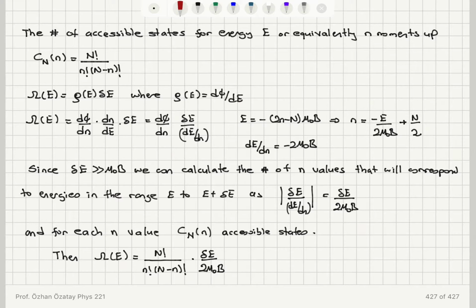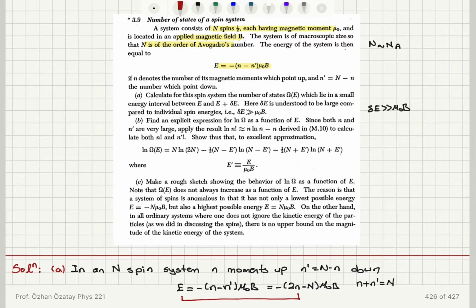So the number of combinations multiplied by the number of values that n can take to satisfy energy falling in this range. Okay, find an explicit expression for ln omega as a function of E. Since both n and n prime are very large, apply the result.